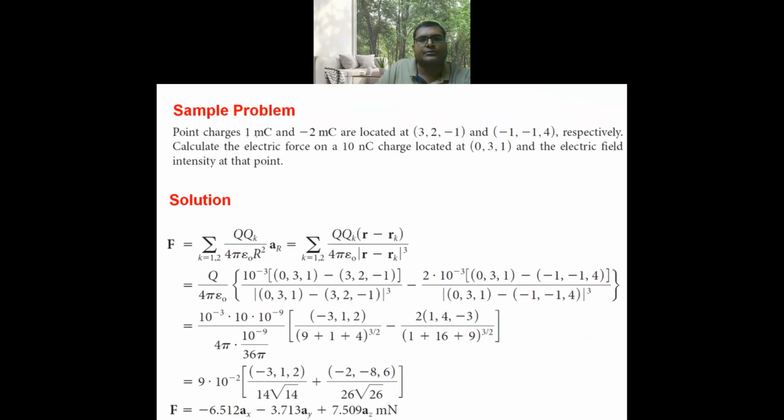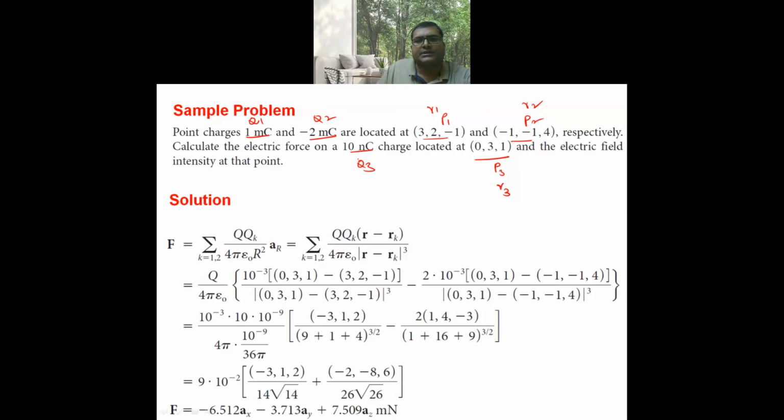Refer to the sample problem. Charge Q1, Q2 with their coordinates. One more charge Q3 at another point, let it be P1, P2 and P3, or you can construct this as R1, R2 or R3.